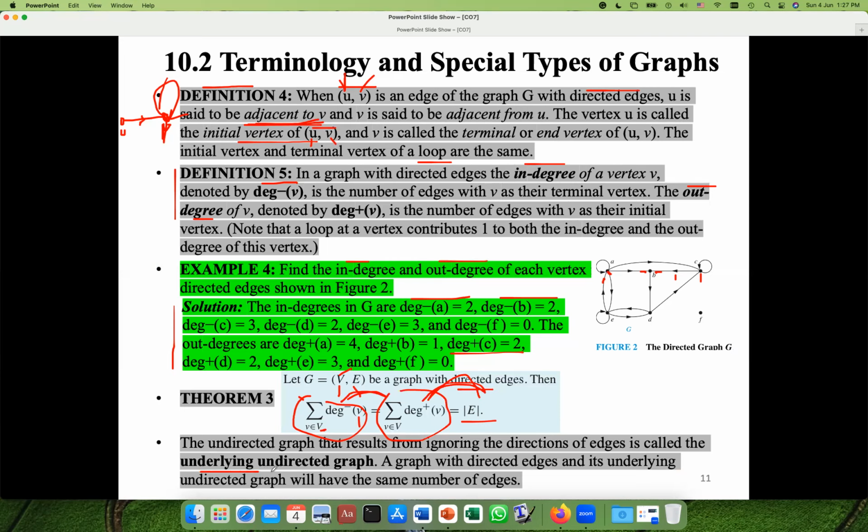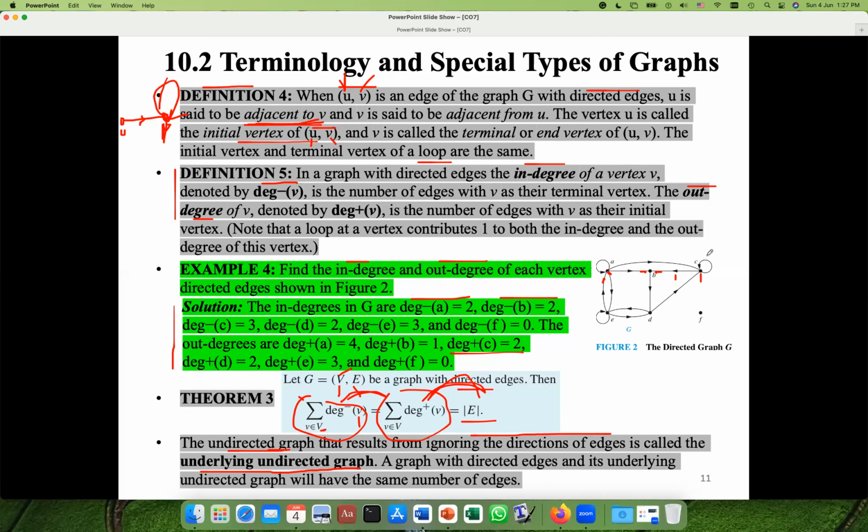So what is an underlying undirected graph? A graph with no direction. An undirected graph that results from ignoring the direction of edges is called the underlying undirected graph.